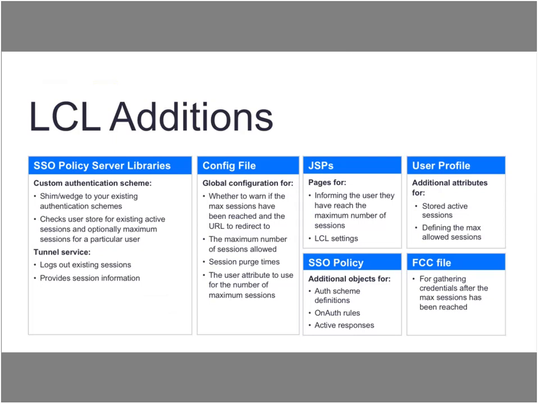So the custom authentication scheme that comes with LCL acts as a shim or a wedge. It acts as a proxy between it and your target authentication scheme. So if you've got existing authentication schemes defined and working, then to use it with the Limit Concurrent Login module, you just have to change the library and then point the LCL library at the authentication scheme and parameters you used before.